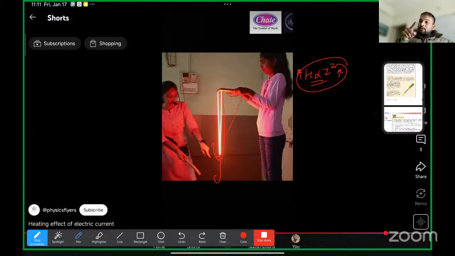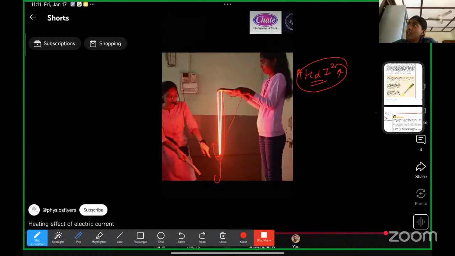The nichrome wire has resistance because of its length, but when you make the distance shorter, the resistance decreases. That's why the current always takes the shorter path rather than a longer one. Current takes low resistance, so it's very lazy.